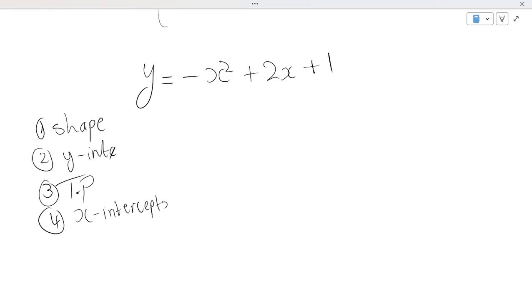There's one turning point. The turning point has an x and a y, so I mean both x and y, yes, both of them.